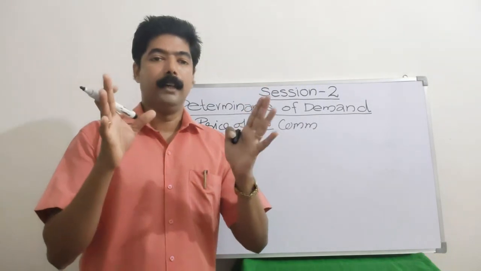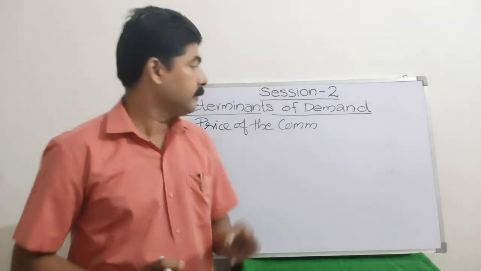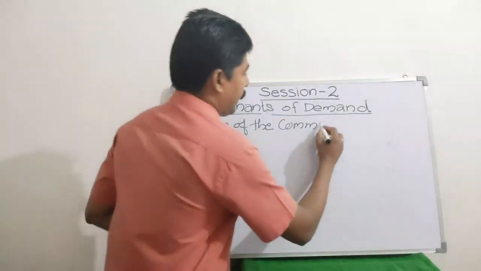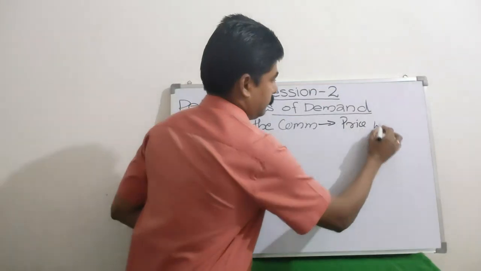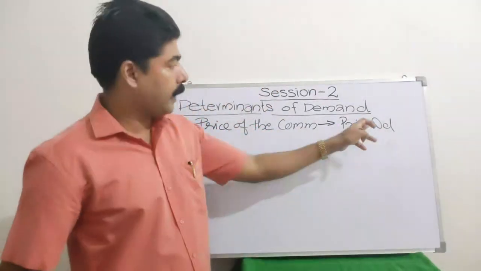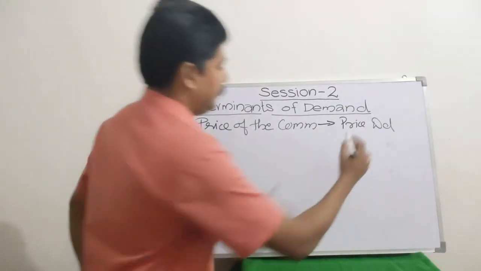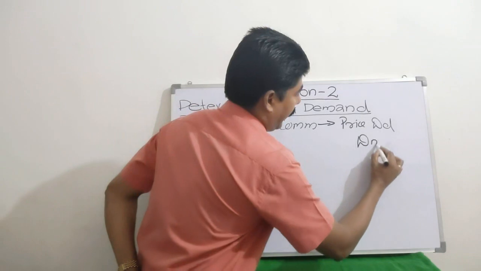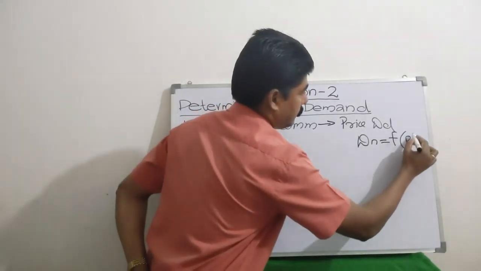That relationship is known as price demand. If we want to write price demand in equation form, we can write Dn = f(P).